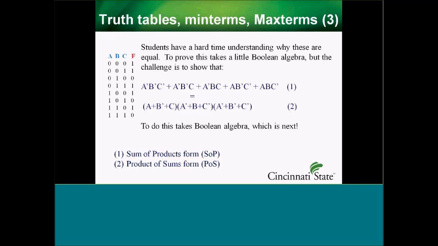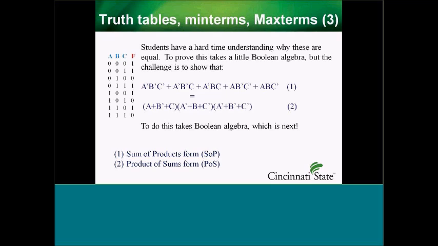That's somewhat important because one of the things that we state in class is that students really need to be comfortable with this SOP form. To do any kind of Boolean reduction, Boolean algebra, you really need to make sure that everything is spread out in that SOP form. I try to emphasize that to the students.